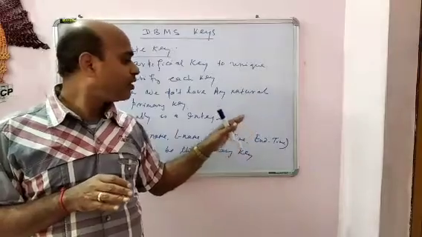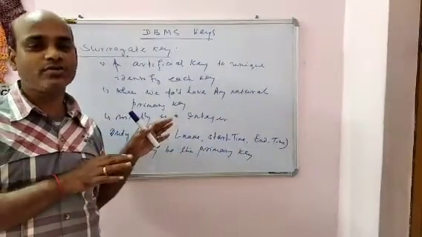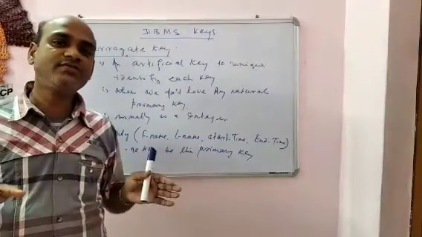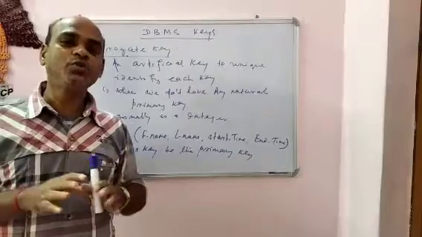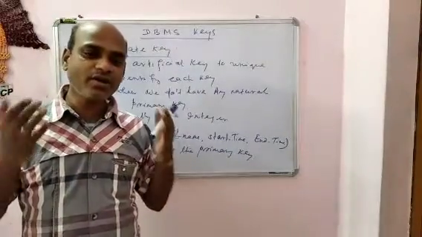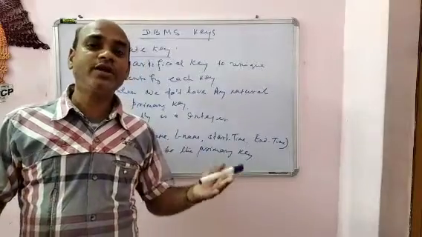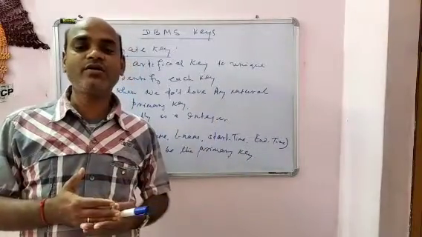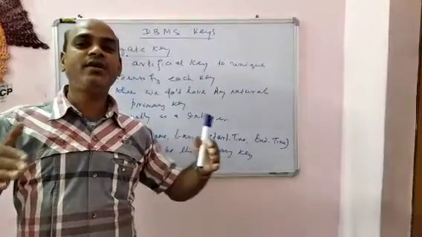Follow all these concepts of different keys in a database management system, where we use them to uniquely identify. All keys aim to uniquely identify, but how they uniquely identify a particular record in a table is different.